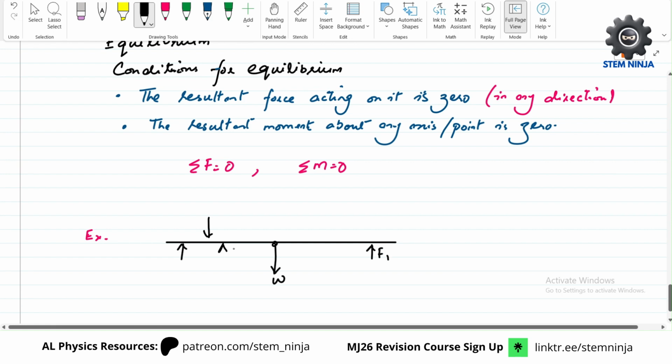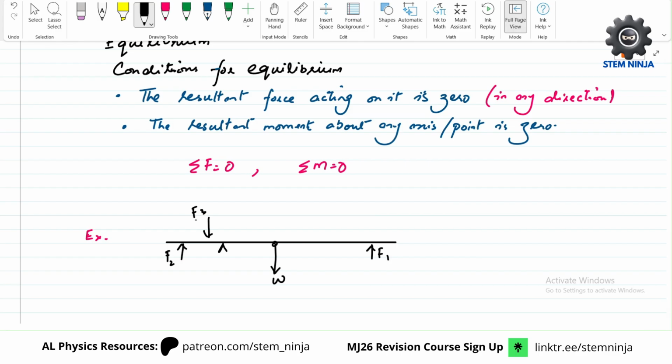Let's say this is F1, this is F2, this is F3. If an object is in equilibrium, both of these conditions have to be met. So that means that the upward forces have to be equal to downward forces. So this is the condition for the sum of forces in any direction being zero.